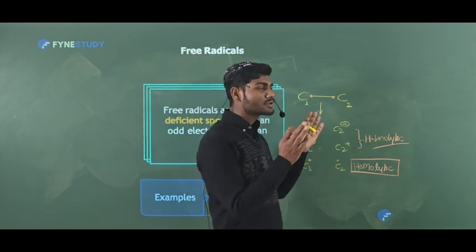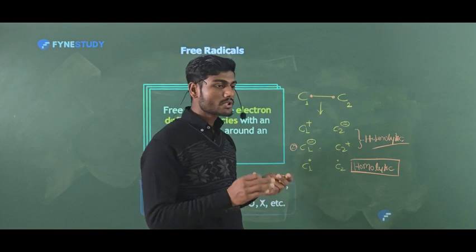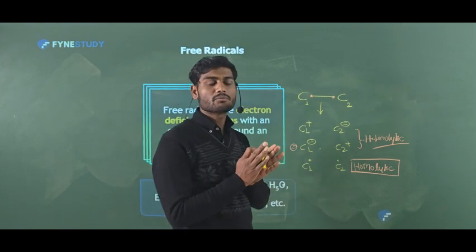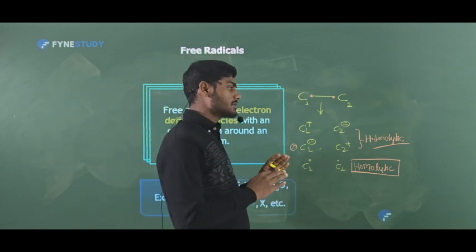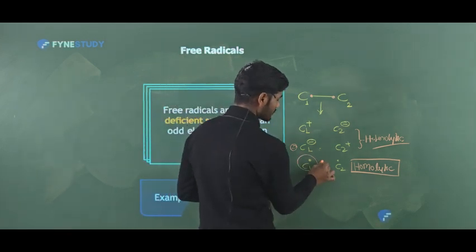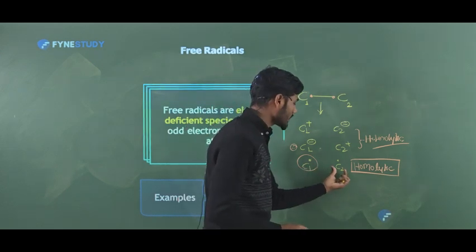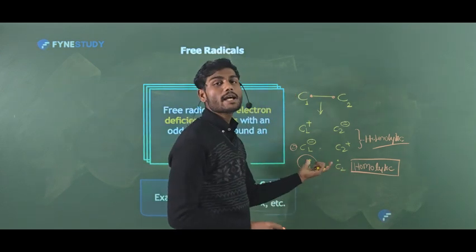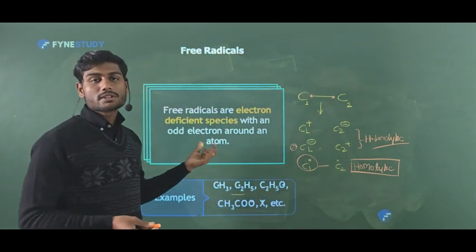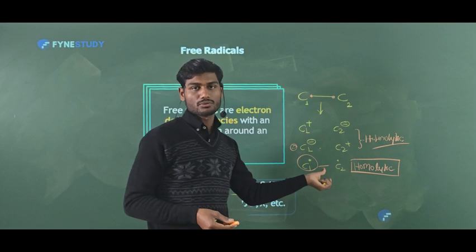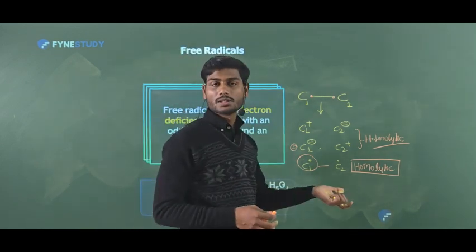But as the bond is formed with equal contribution of electrons, if it breaks with the same contribution, then 1 electron stays with C1 and 1 electron with C2 after breaking the bond. Or you can say 1 electron with atom 1 and 1 electron with atom 2.